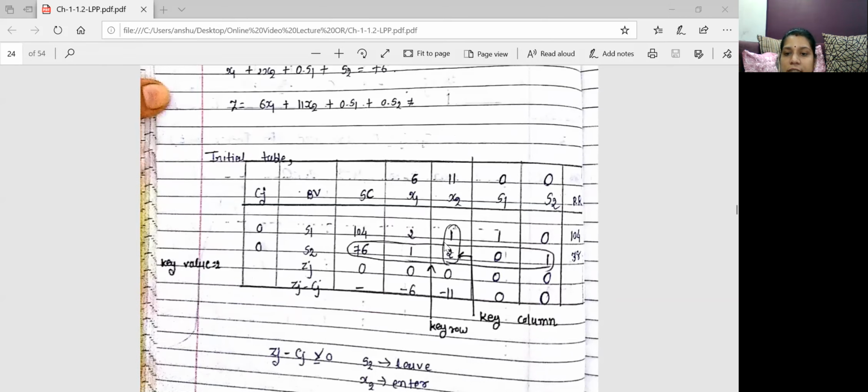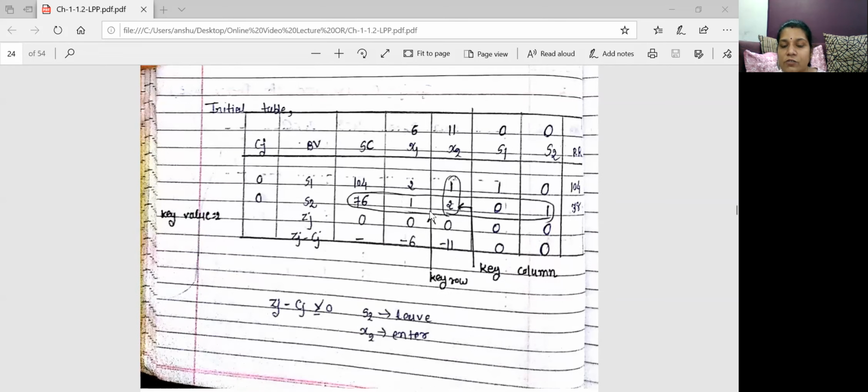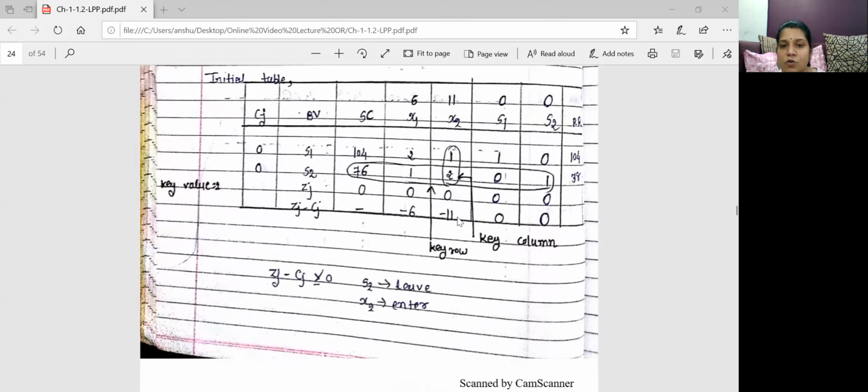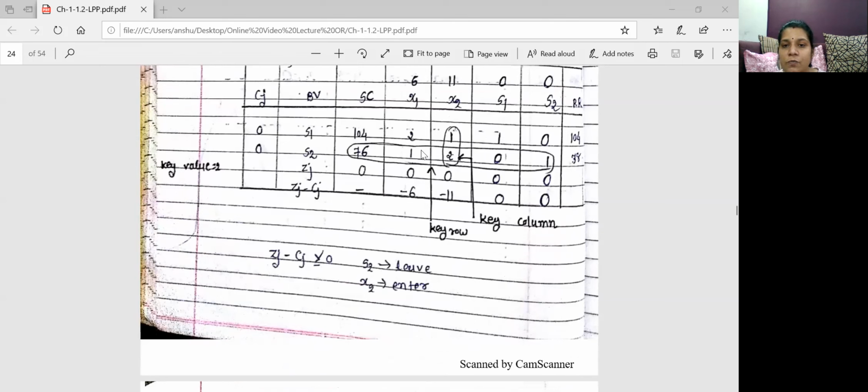Again, this is our key column, and this is our key row. So what is our key number? Key number is 2. So we have already seen in our previous lecture, our key number is 2 in this table. So we divide all these values. सभी वैल्यूज को आपको किससे डिवाइड करना है? डिवाइडेड बाय की नंबर. So 76 divided by 2, 1 divided by 2, 2 divided by 2, 0 divided by 2 and 1 divided by 2.